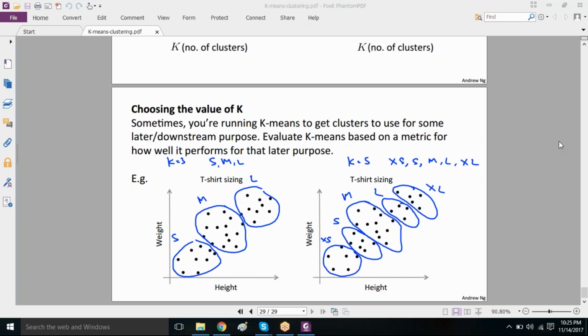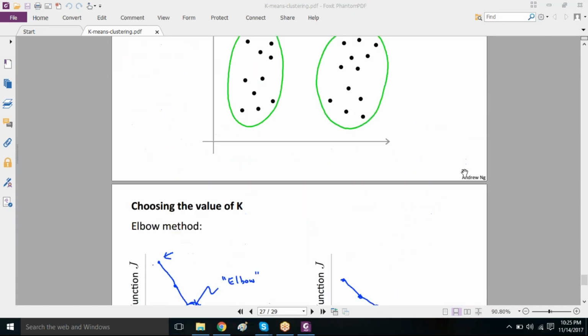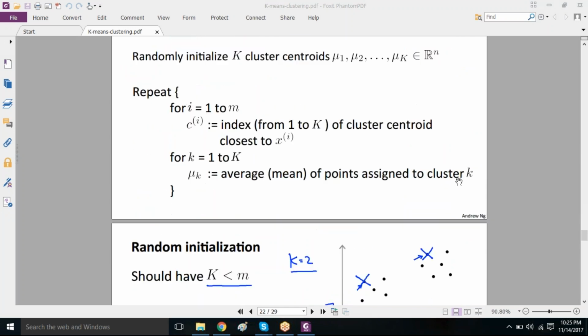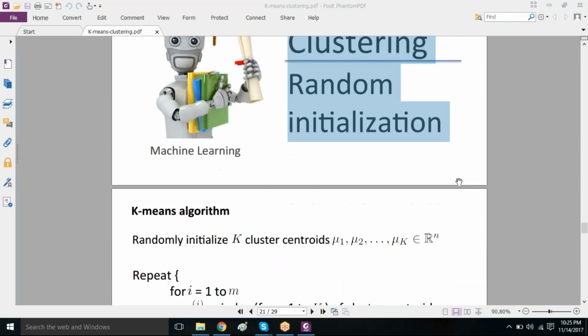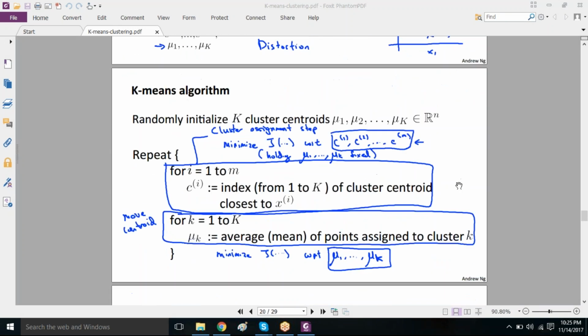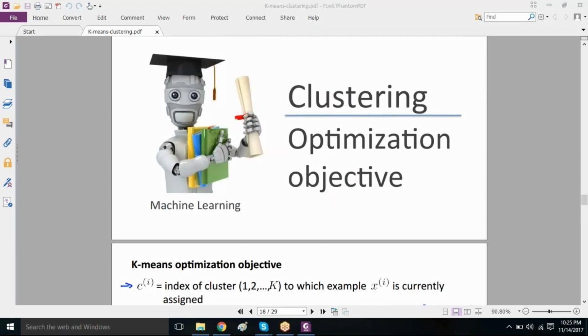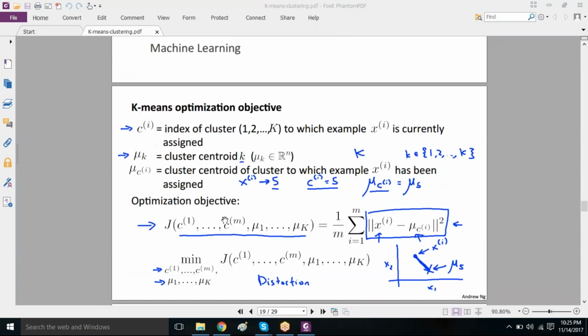I hope you understood the whole fundamentals of K-means. You see, this is the optimization objective I was talking about. Can you see this formula?